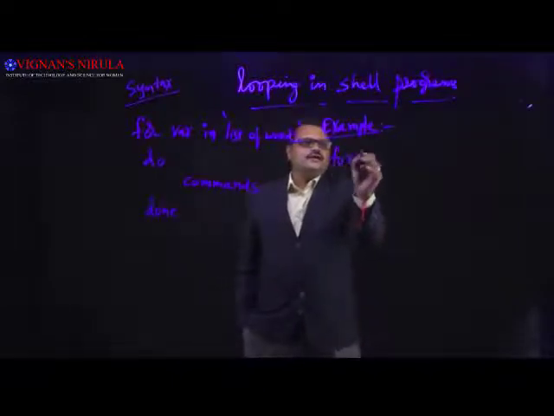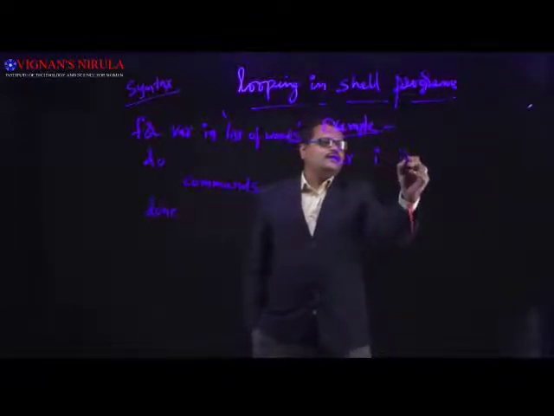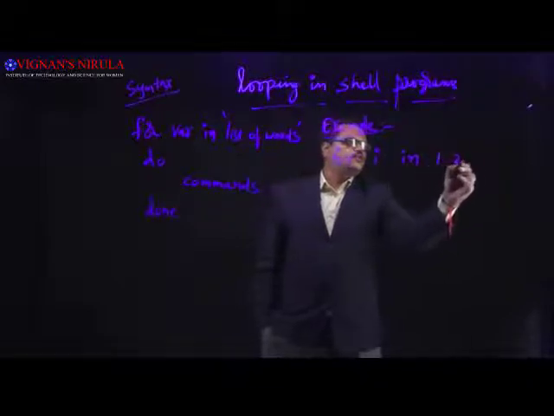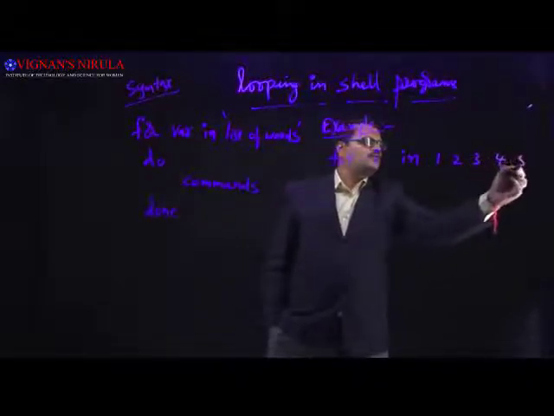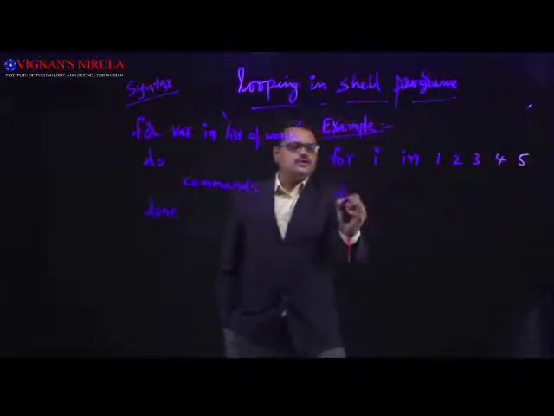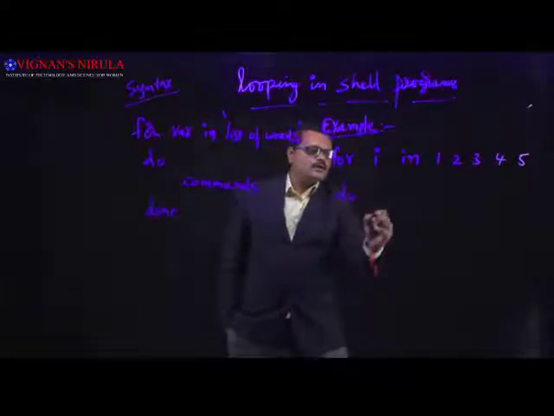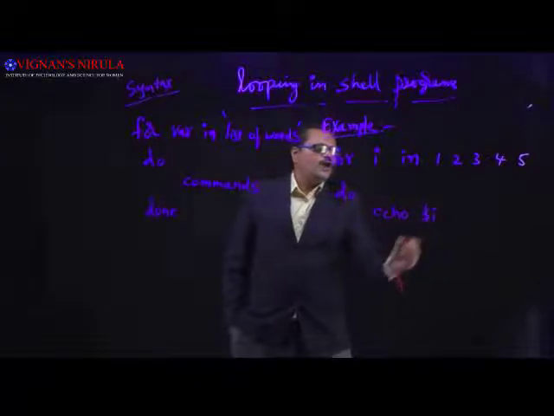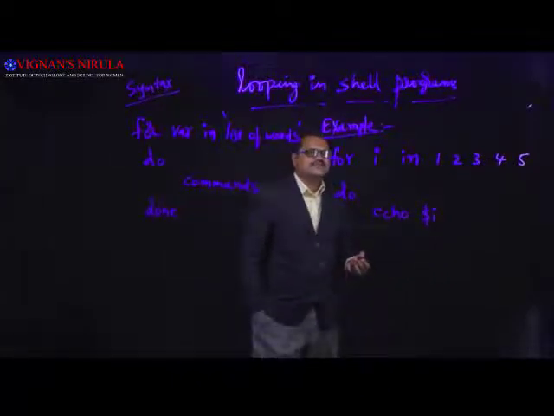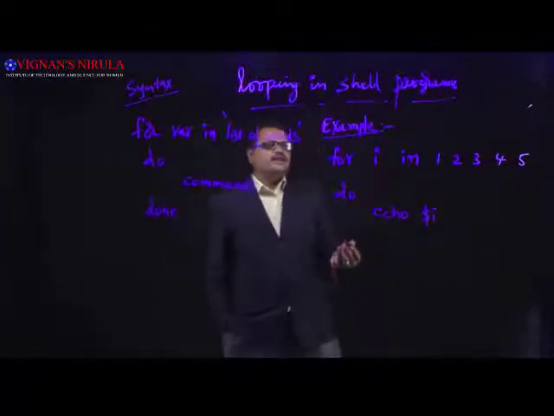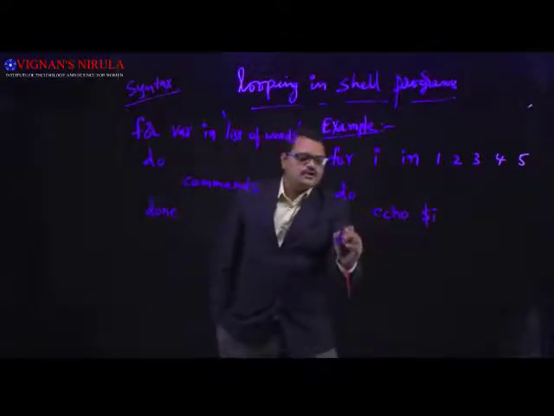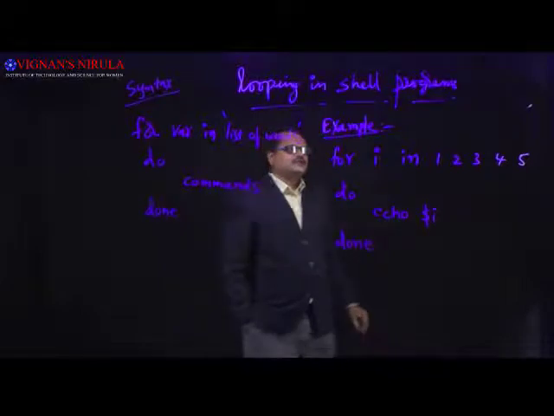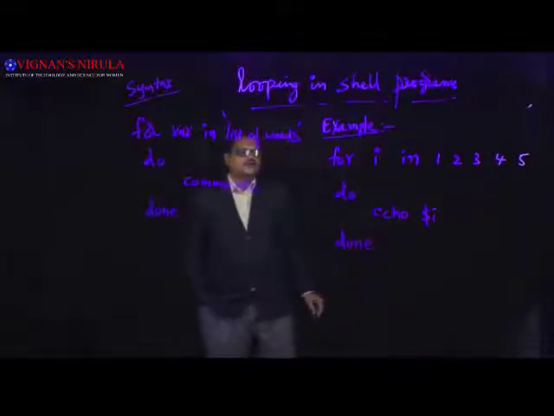For I in 1, 2, 3, 4, 5, do. What command do you use to display? echo. I want to display the values. I is a variable, and the value of the variable is $I. So: for I in 1, 2, 3, 4, 5 do echo $I done.